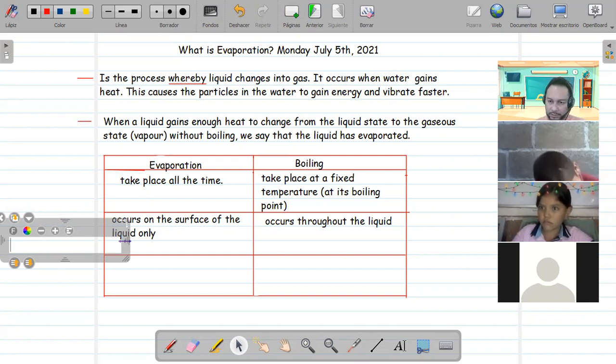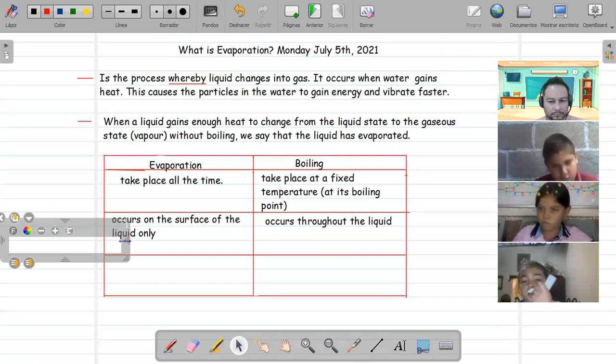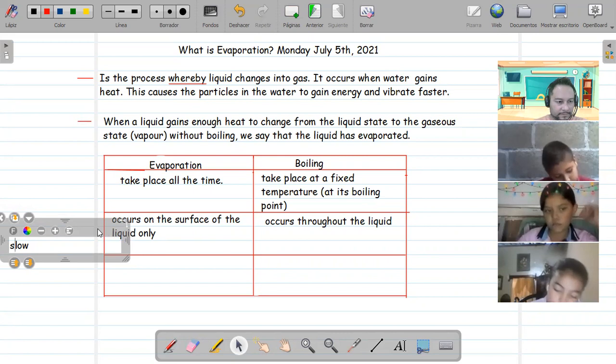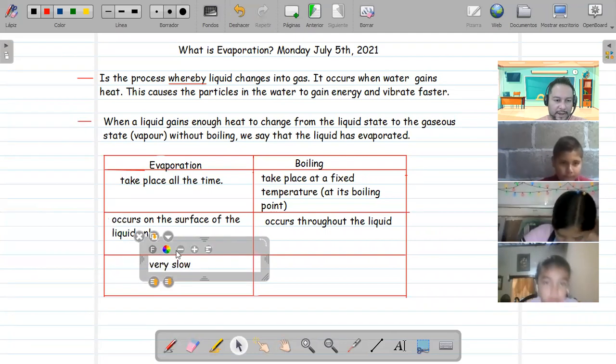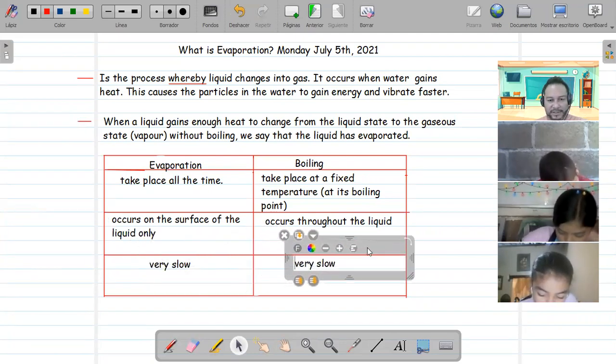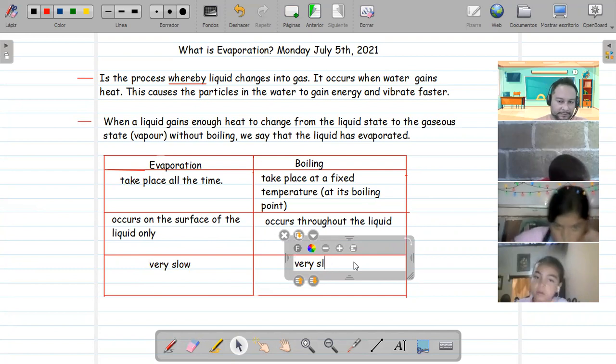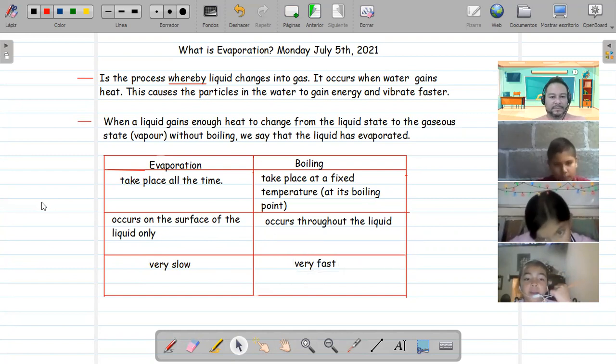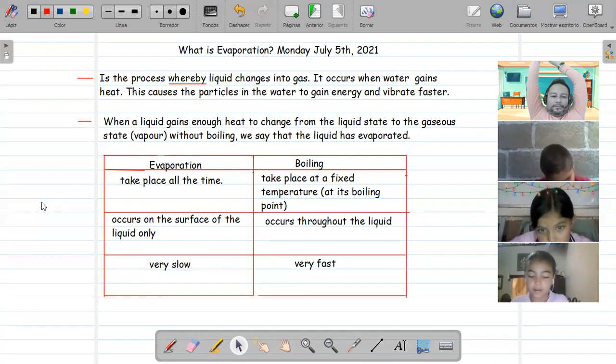If I put them outside of the house, do you think the water is going to evaporate fast or slow? Slow, very slow. Then evaporation is slow. And boiling is very fast.